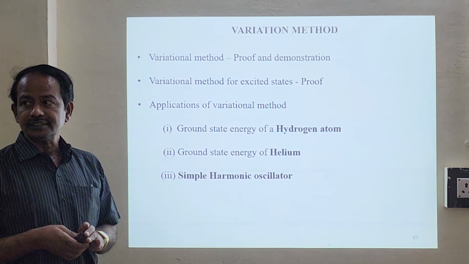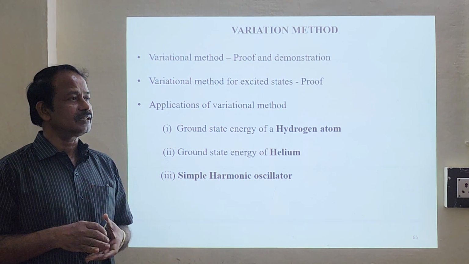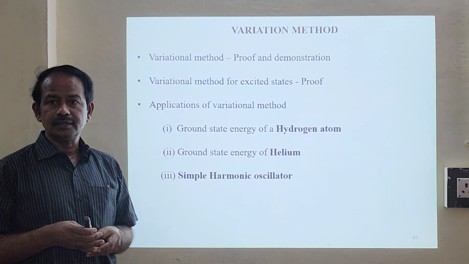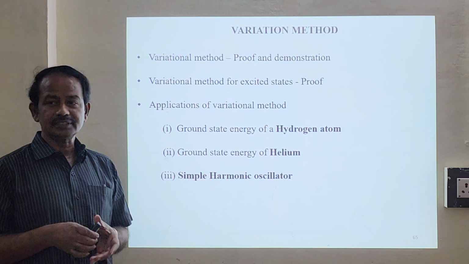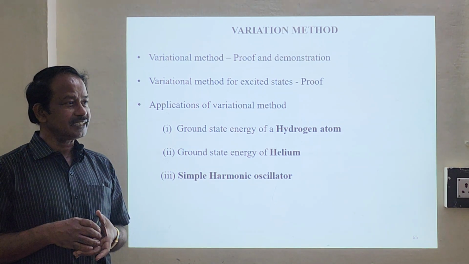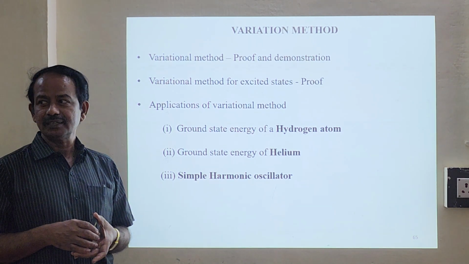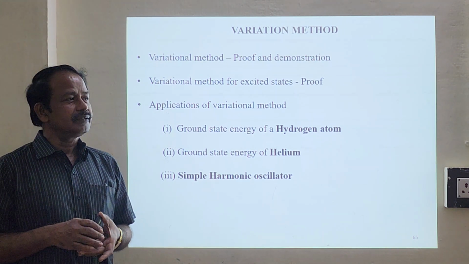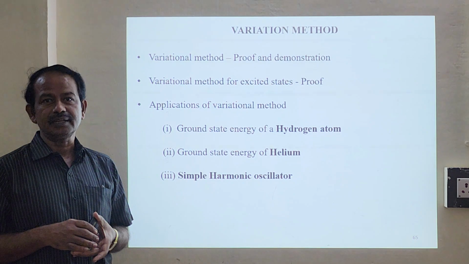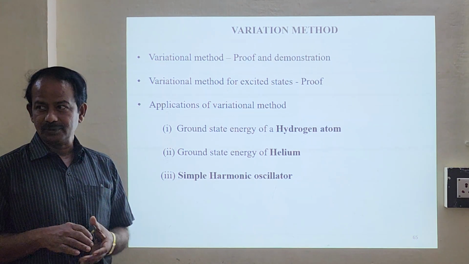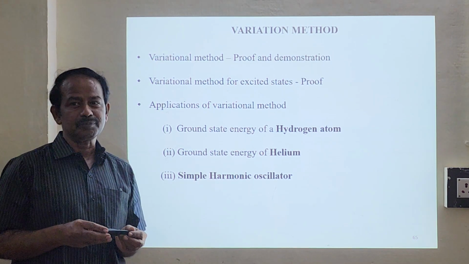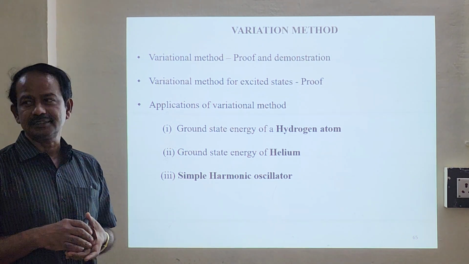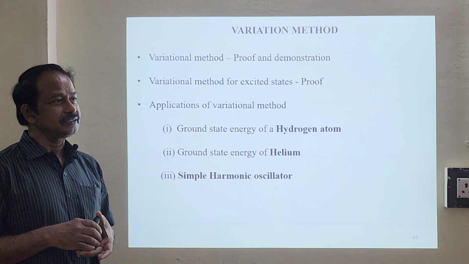So in the last few classes, we discussed how to obtain the eigenvalues and eigenfunctions from the exact solution of the Schrodinger equation for any Hamiltonian. And of course, we discussed some models like the infinite quantum well, finite quantum well, linear harmonic oscillator, penetration problem, hydrogen atom, and rigid rotator.